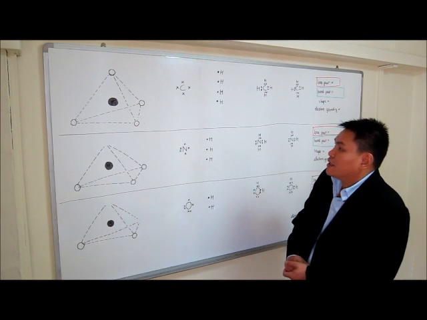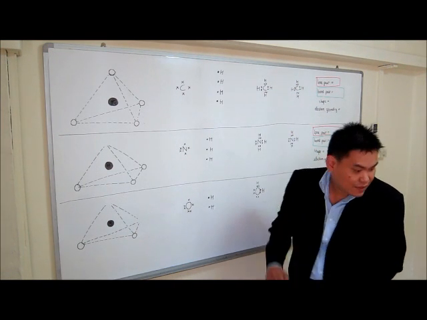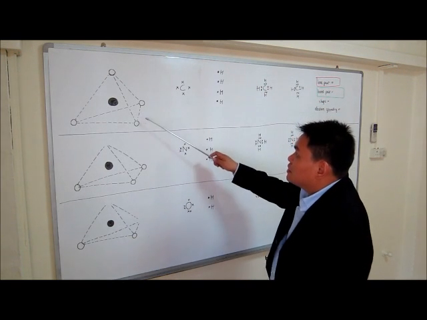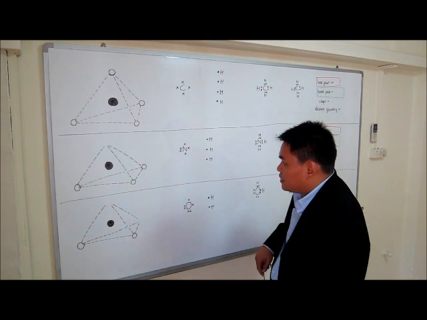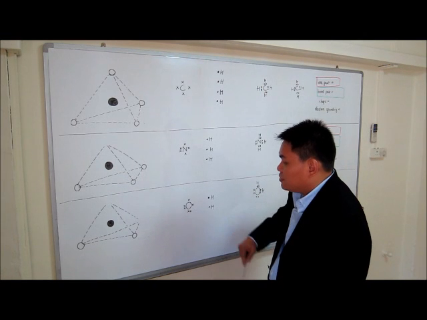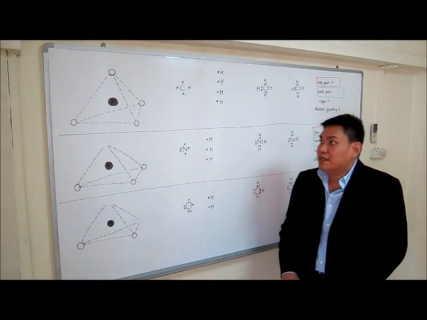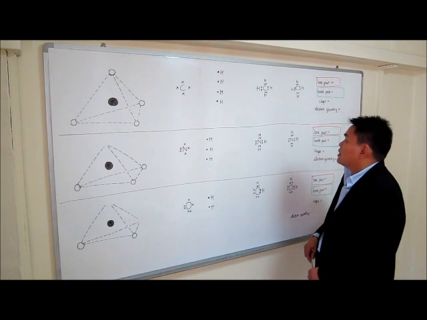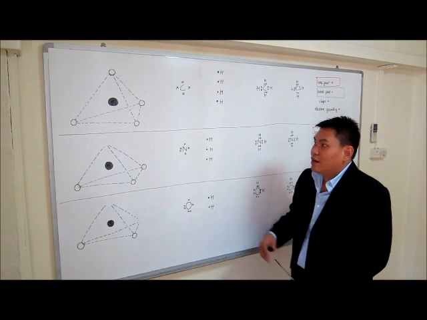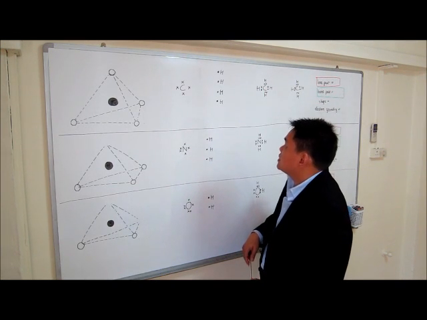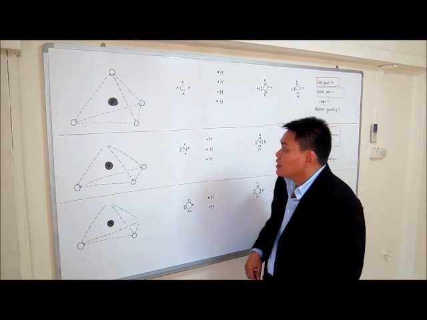Today we are covering three shapes: tetrahedral, trigonal pyramidal, and bent. And I'm going to explain how you can conclude the shape of a certain molecule.